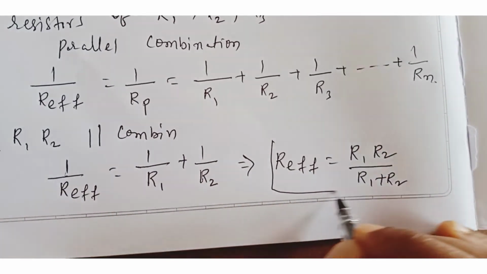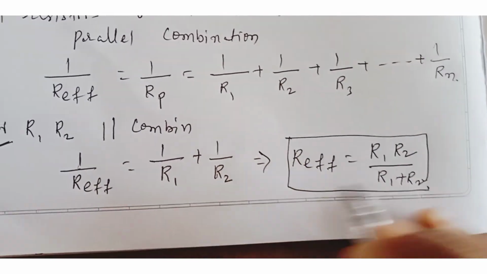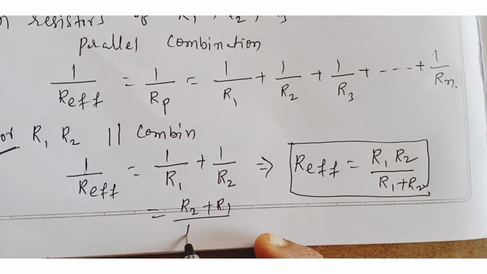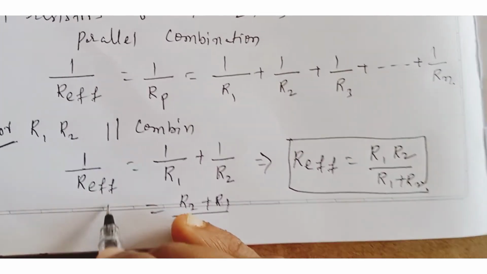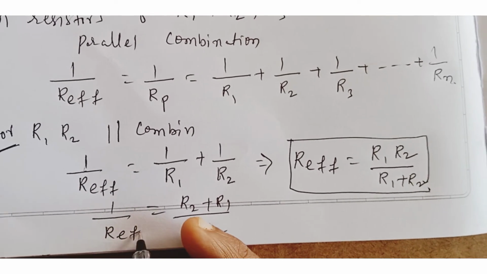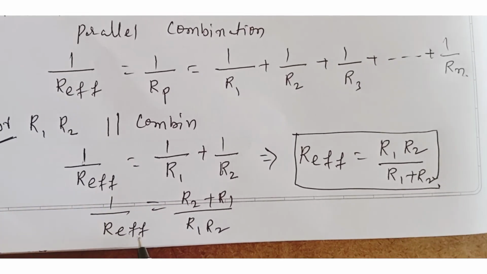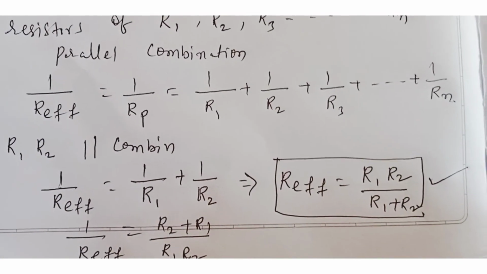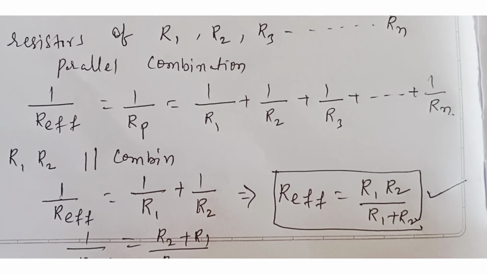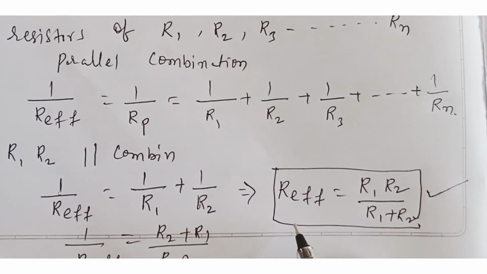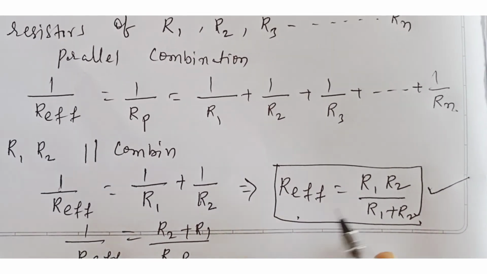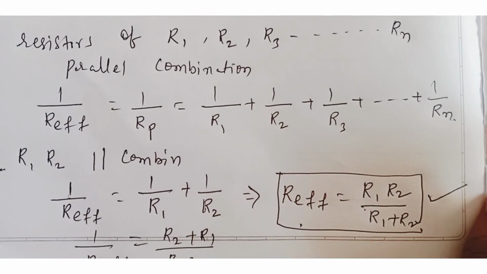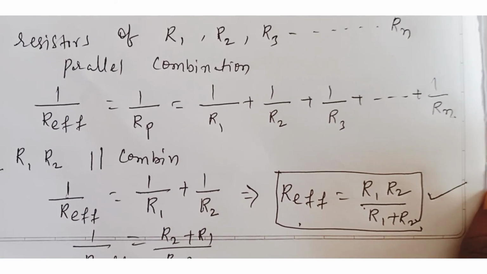How is it possible? Observe, students. Here R2 plus R1 by R1 R2, this is the 1 by R effective. Now we take the reciprocal: R effective equal to R1 R2 by R1 plus R2. So the final effective resistance when two resistors are connected in parallel combination is R1 R2 by R1 plus R2. Thank you for watching.